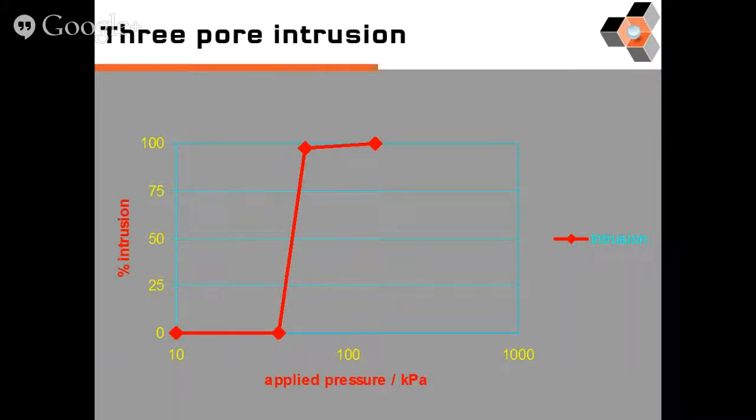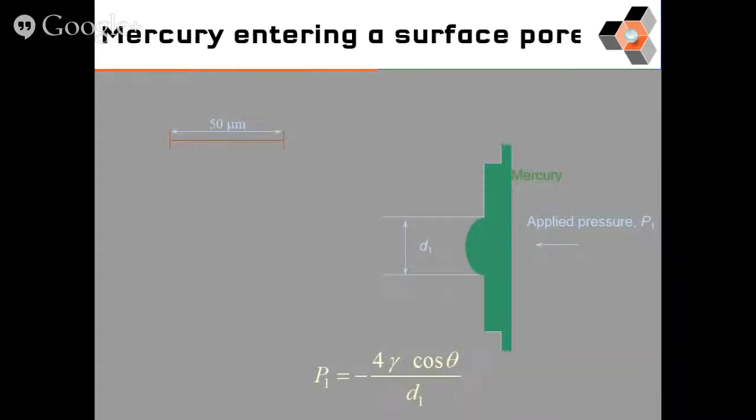Okay, so we then have some complications on this, only some of which we're going to look at today. One of the complications is mercury entering a surface pore, as shown on the next slide. So sometimes you get big pores on the surface which require very little pressure to intrude. So at a low pressure, mercury intrudes.